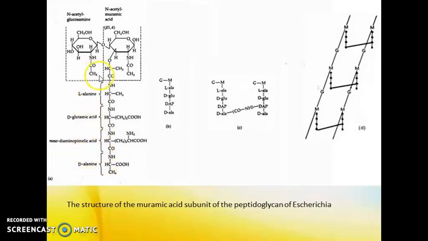These are joined by amino acid peptide bridges. This is the structure of the muramic acid subunit, consisting of NAG and NAM, both sugars.